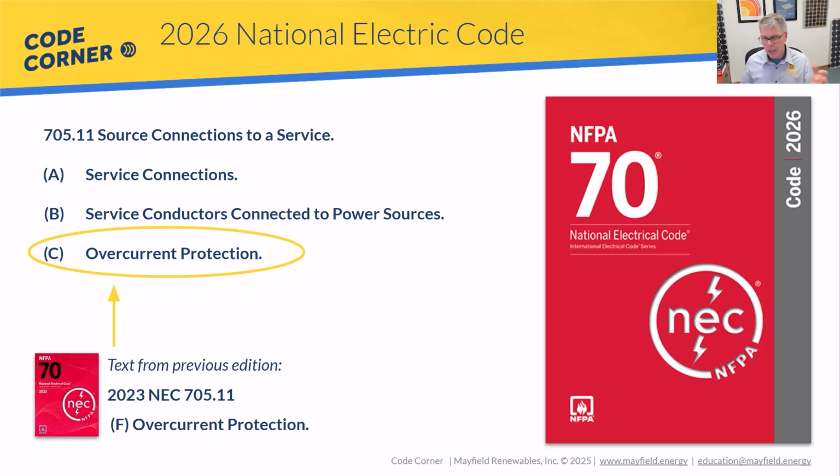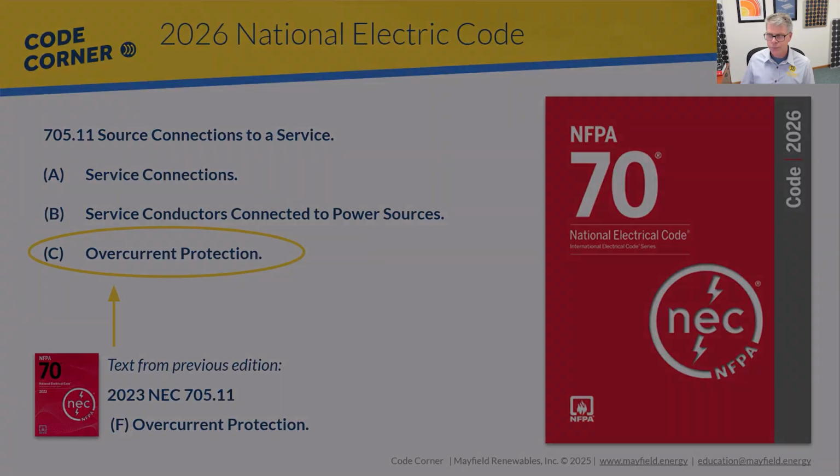You'll have some code cycles to point to and be able to say we're meeting these distance requirements, and there's not going to be any problems with jurisdictions allowing for those.